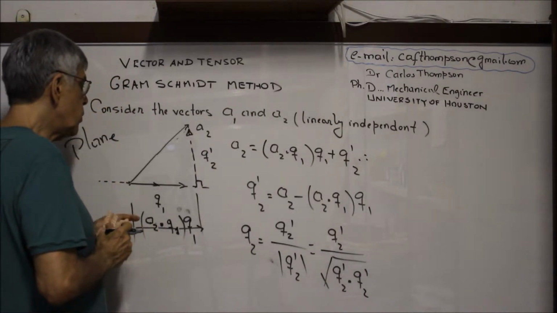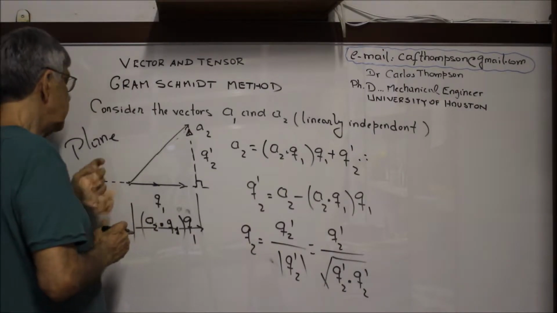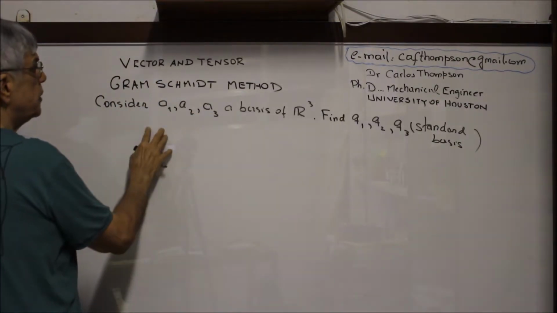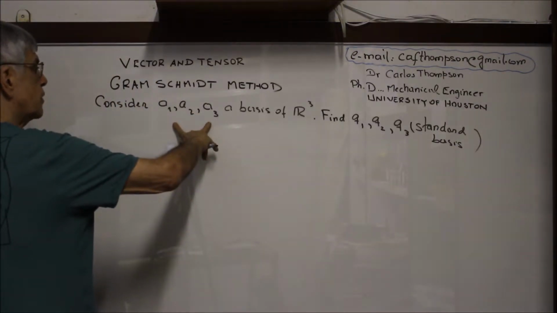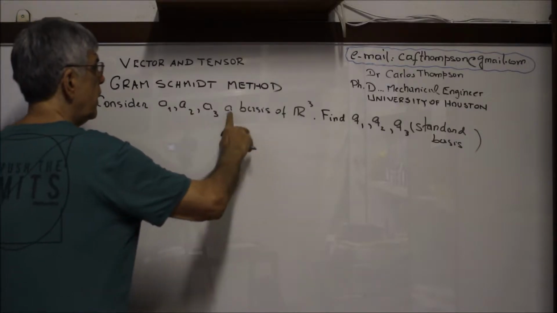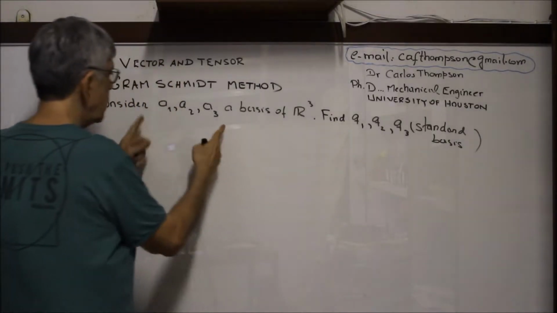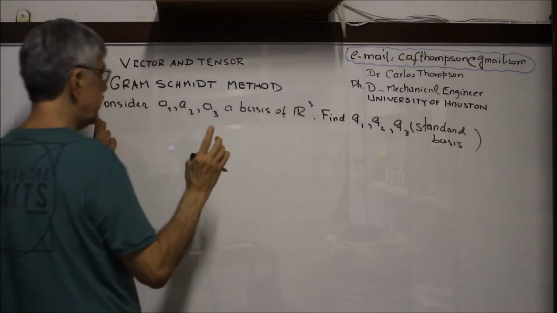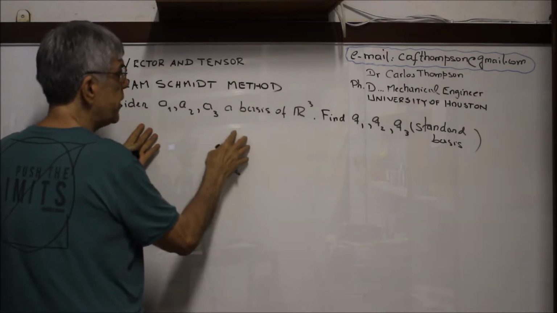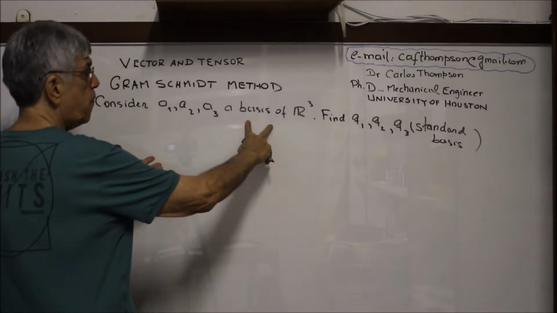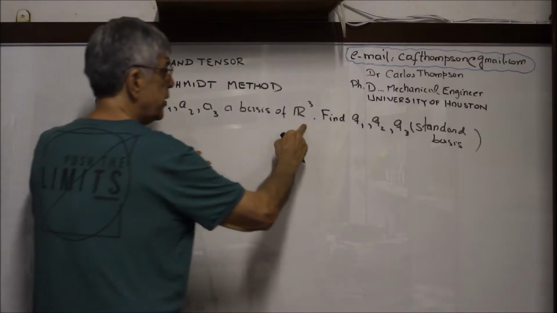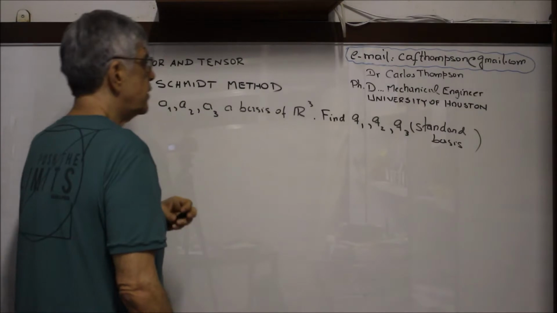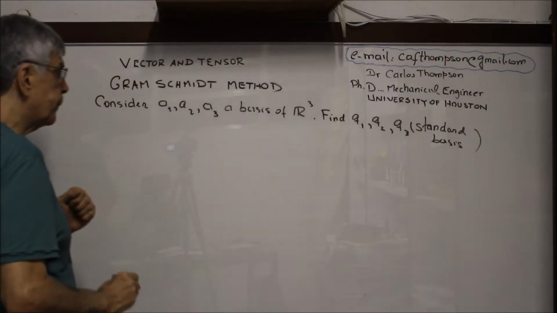Now we will do it in space. Now consider these three vectors, A1, A2, and A3, a basis of R3. So these three non-orthogonal vectors span R3 because they are linearly independent. That's why they are a basis of R3. Now find the orthonormal basis, Q1, Q2, and Q3.